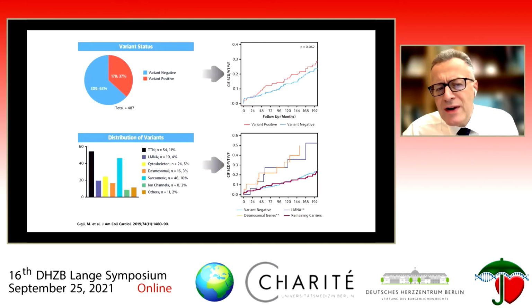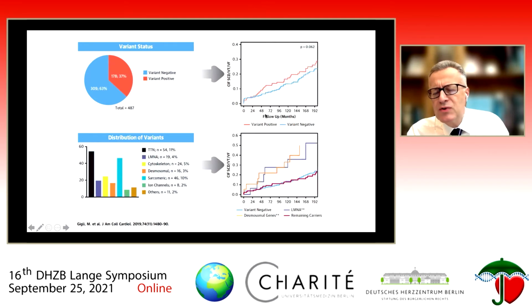Where it already influences our practice, certainly in our own clinic, where we see a large number of patients with dilated and arrhythmogenic cardiomyopathy, is in decisions regarding ICD implantation. A recurring signal now, just as in hypertrophic cardiomyopathy, is that if you have a mutation, you have a higher incidence of sudden death, but it really depends on the gene.